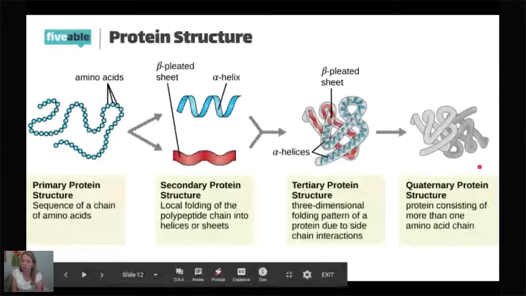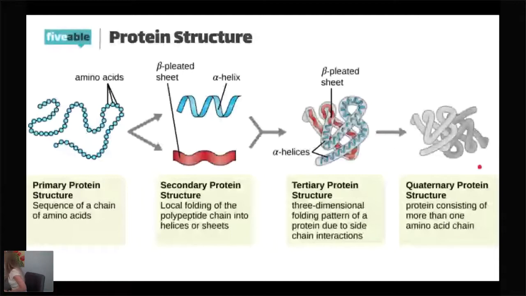Because if you've studied proteins and you've studied enzymes before, they always have a substrate, and that substrate has to be a perfect shape that fits with your protein. And if it doesn't fit, it doesn't work. And if you, for example, have a non-functional lactase protein, you can't digest lactose and you can't eat ice cream.